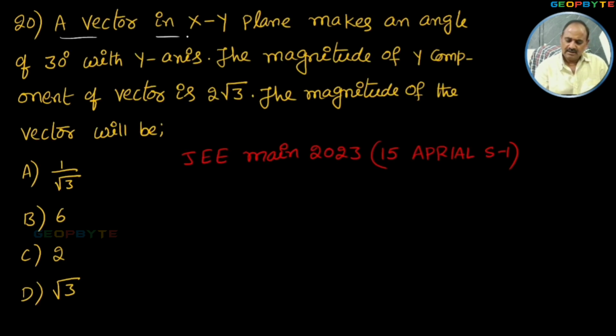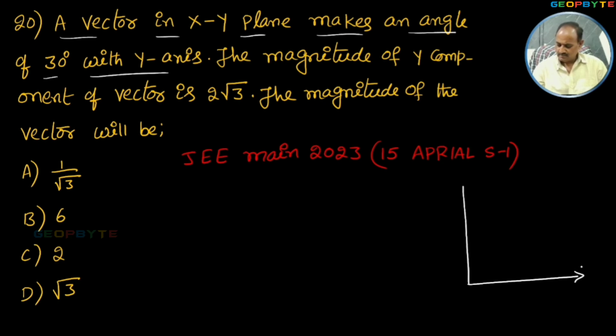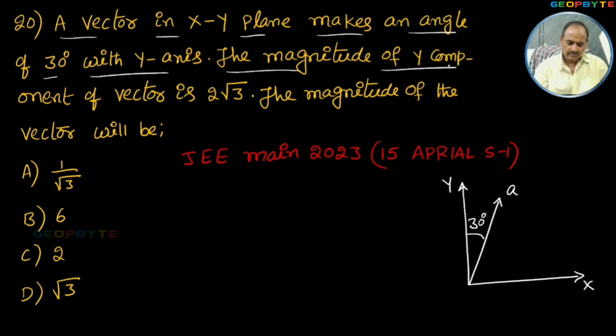A vector in the xy plane makes an angle of 30 degrees with the y-axis. Let that vector be A, making an angle of 30 degrees with the y-axis. The magnitude of the y component of the vector is 2 root 3, so AY equals 2 root 3.